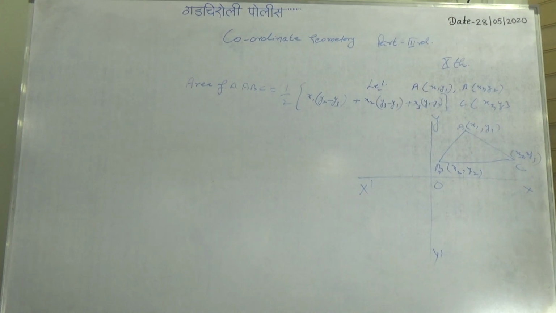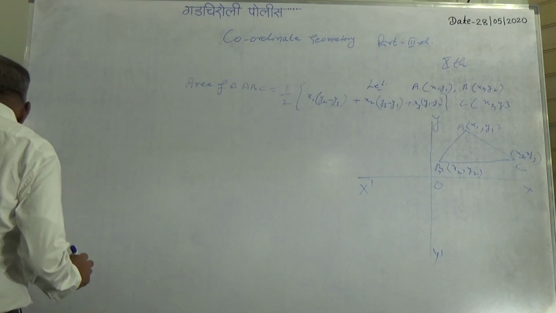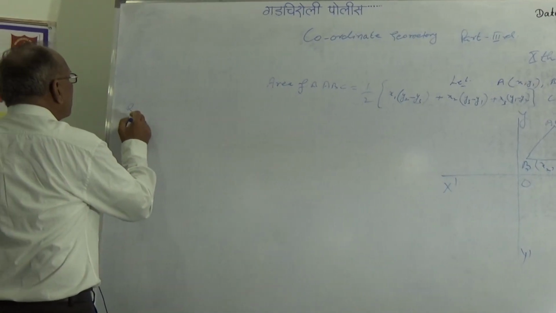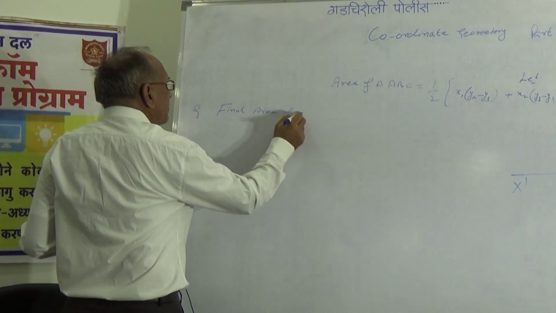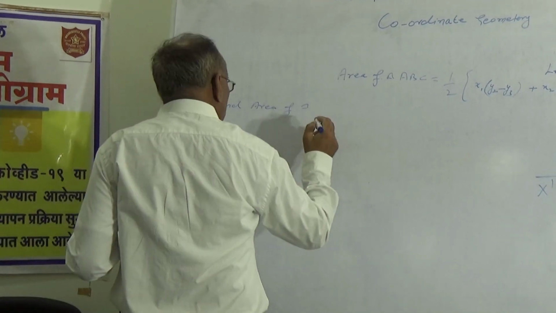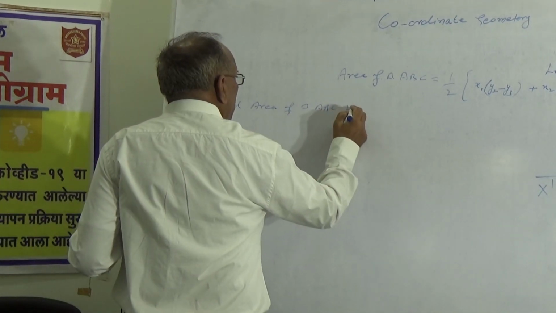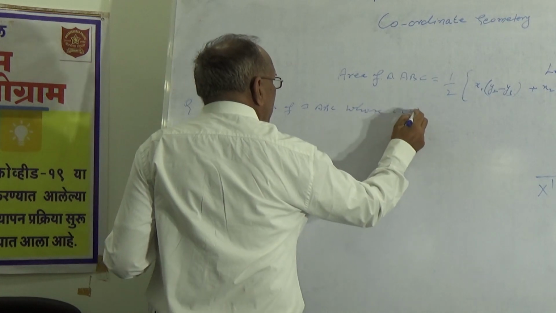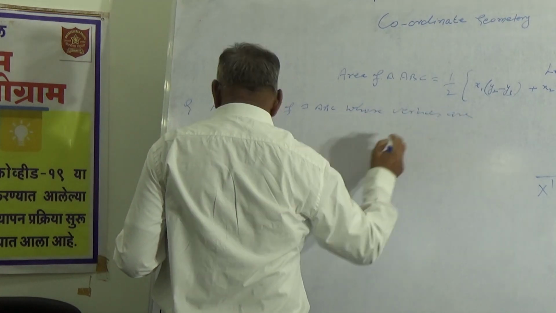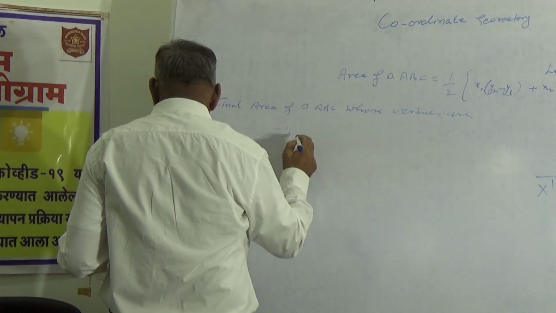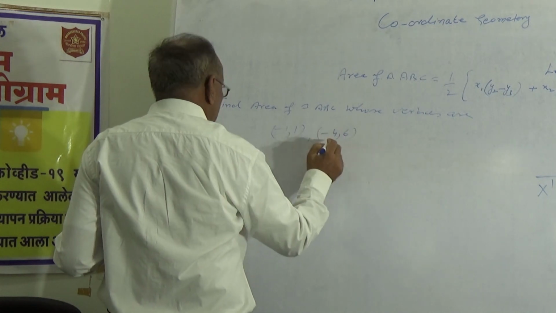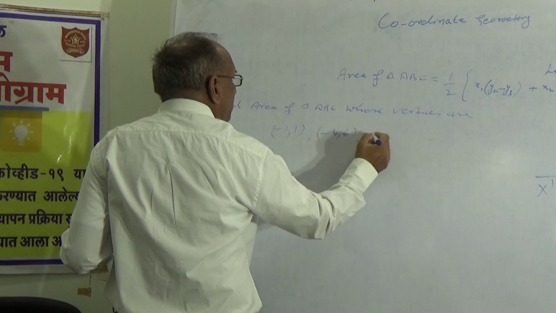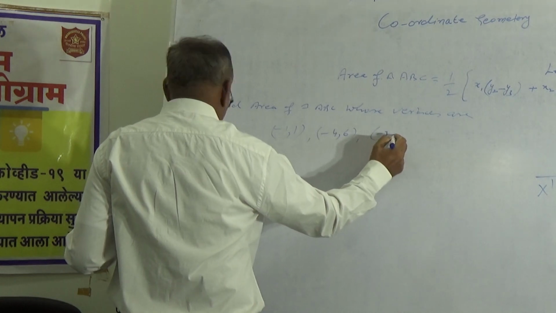Take an example. Find area of triangle ABC whose vertices are minus 1, 1, minus 4, 6, minus 3 and minus 5.